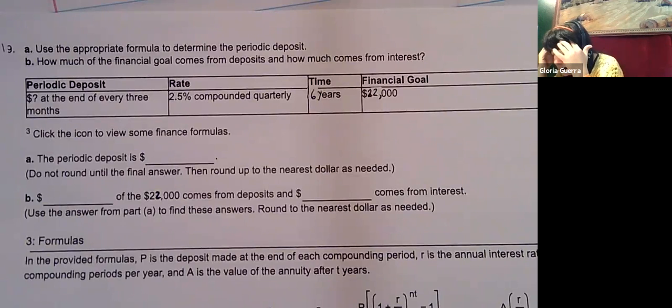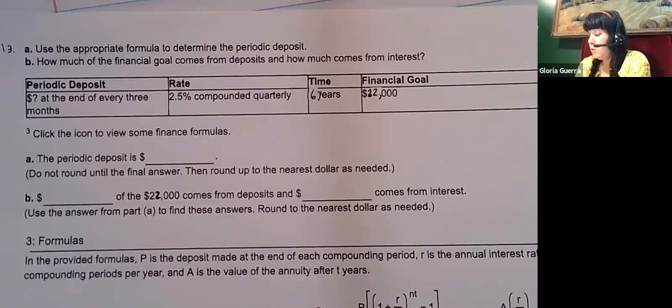Okay, so we're trying to find out, use the appropriate formula to determine the periodic deposit. So this is one of those problems where you have a goal, like how much I have to put in this account every 3 months, so that after 6 years, you have a goal of $22,000.